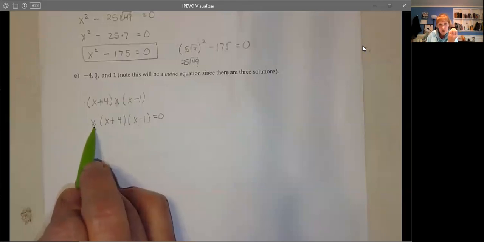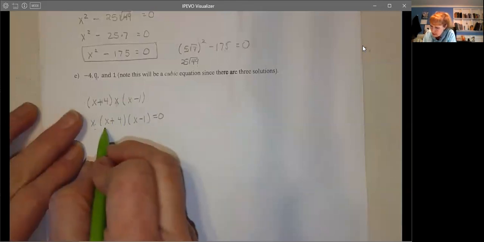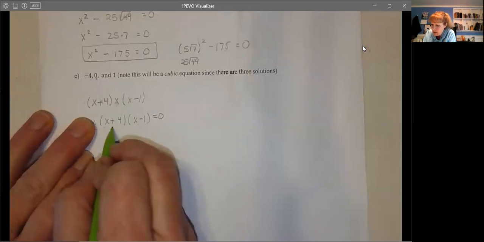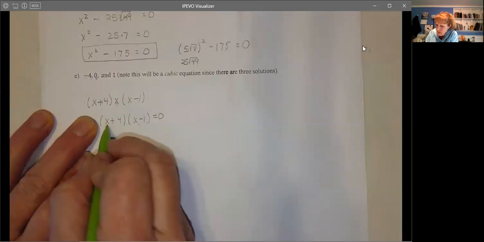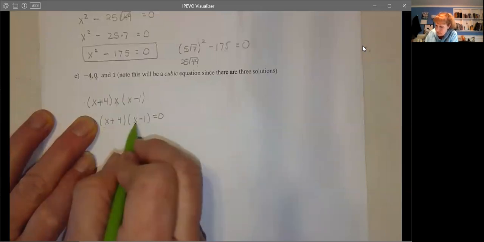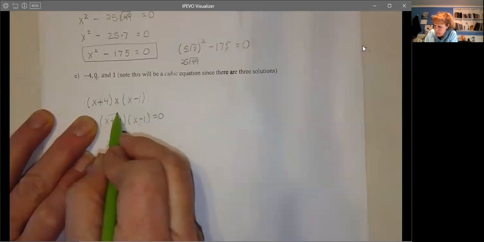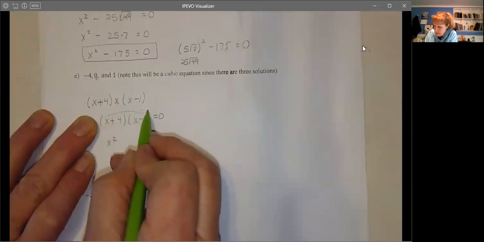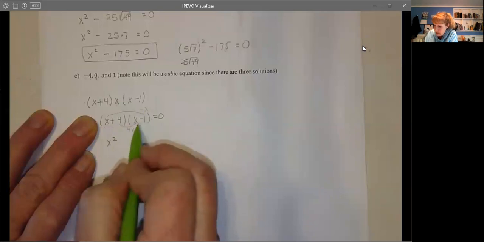You could use the distributive property and take x times everything, take that answer times this. But it is easier to go ahead and multiply these 2 together first using the FOIL method and ignore the x. FOIL. The first times the first is x squared. Then I have a minus 1x and a 4x gives me 3x.